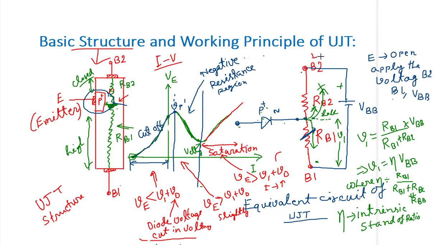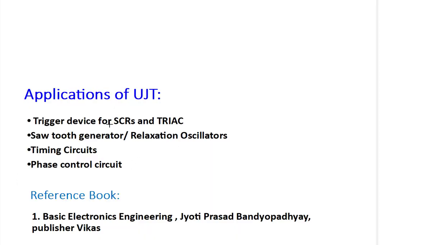Next we discuss the applications of the UJT. The UJT is used as a trigger device for SCRs and triacs. Any SCR or triac circuit requires a trigger voltage, and in the trigger portion we apply the UJT.